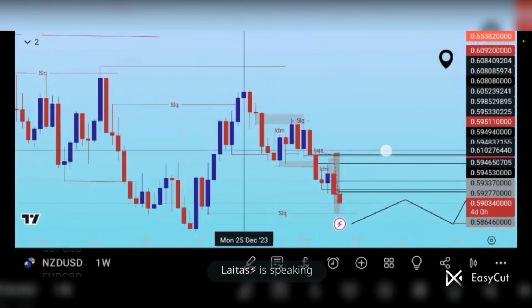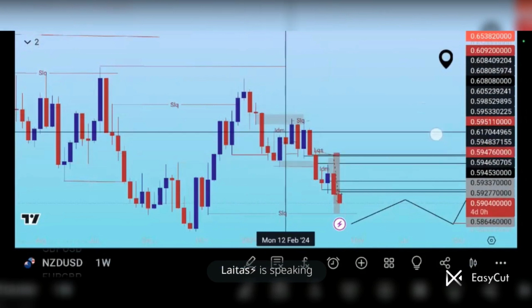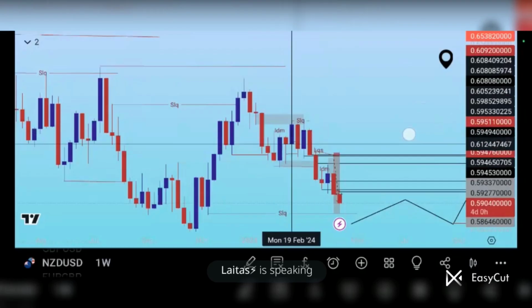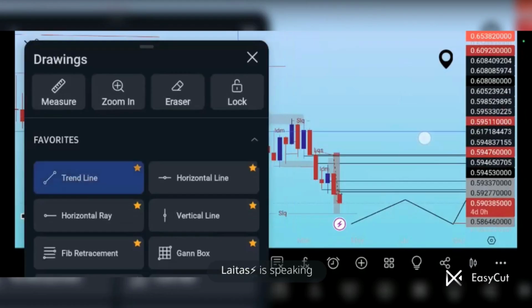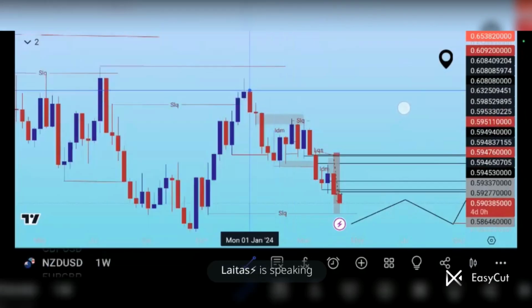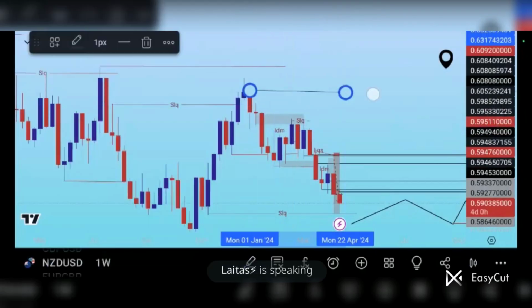You get, so we broke this, and also we swept inducement here. Do you get me? We swept inducement here. So because we broke here now, we can see that monthly bullish is in control unless we break here. Always look for the left hand side, not the middle one.